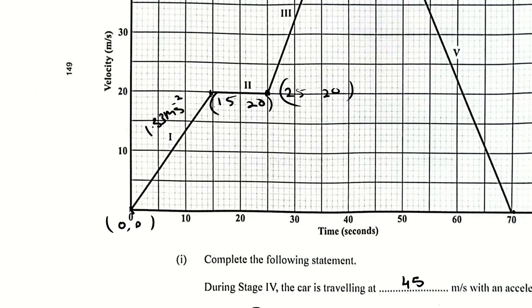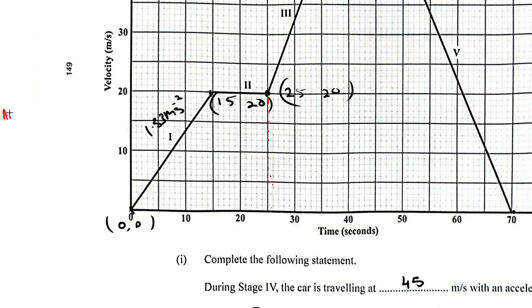Calculate the distance traveled during the first 25 seconds. The distance traveled in a velocity time graph is to basically find the area. So for the first 25 seconds, that is here. Let's use red. So this is a trapezium.